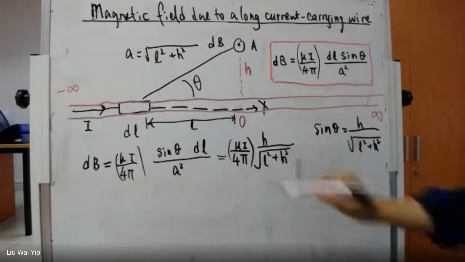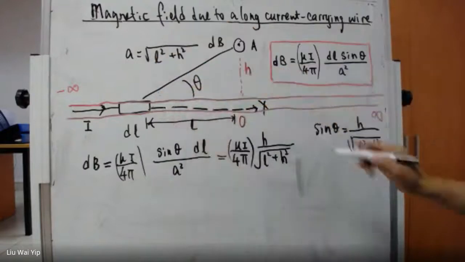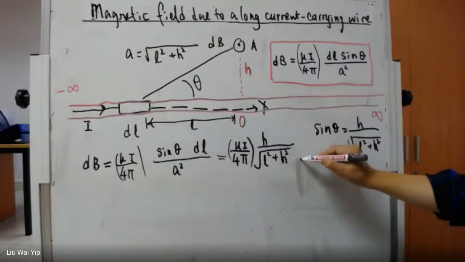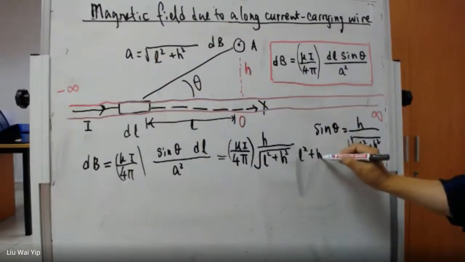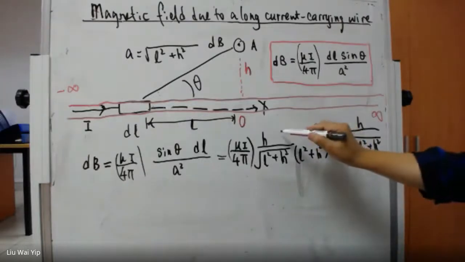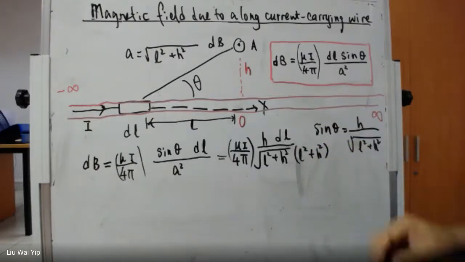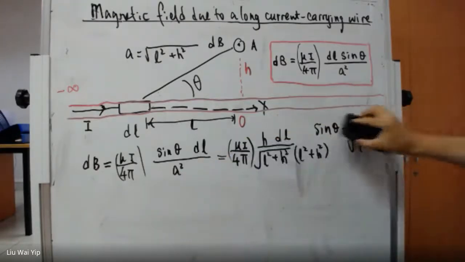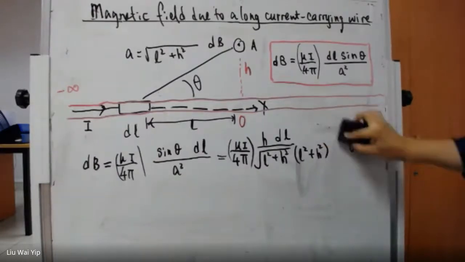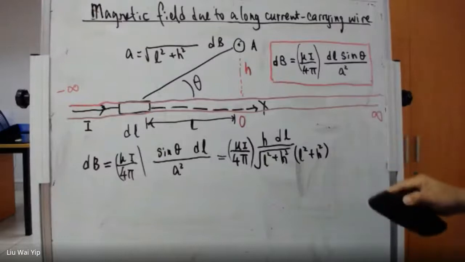And then a squared is this one, which is very clean, L squared plus h squared. And then do not forget the delta L. So now you have all the information for this question.